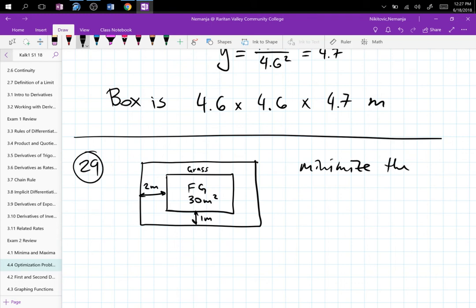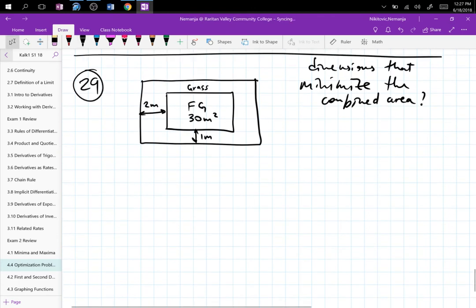Minimize the combined area. Good. Dimensions that minimize the combined area. Wow. This is a cool problem.